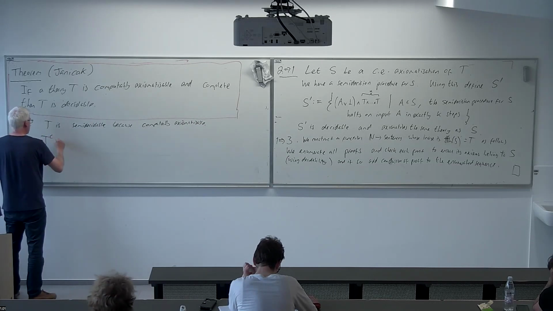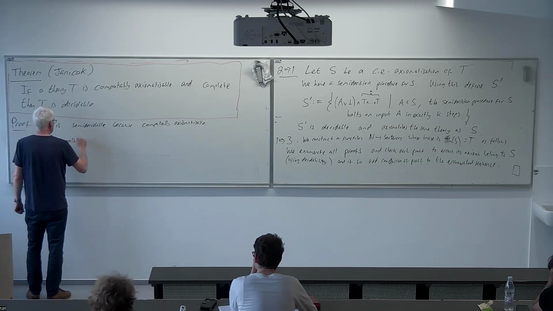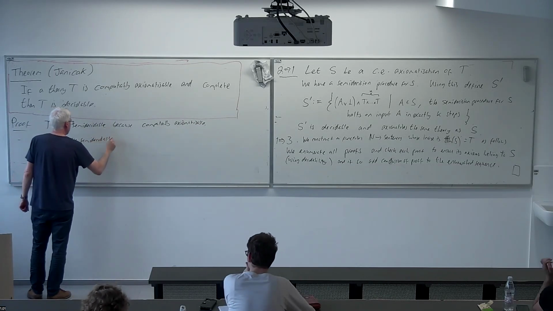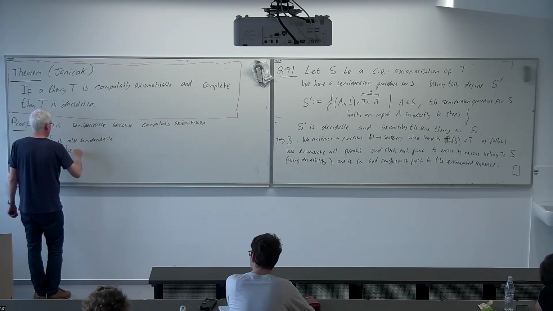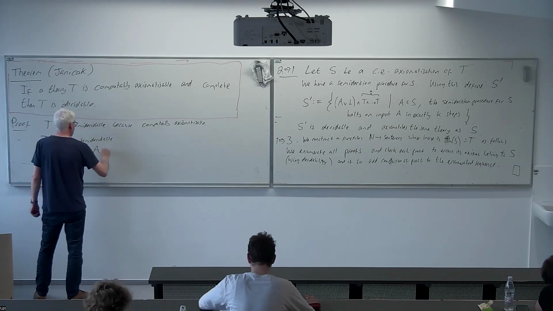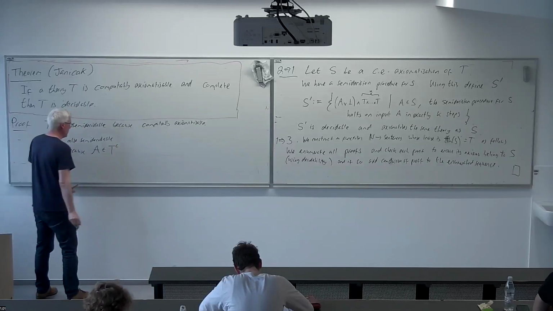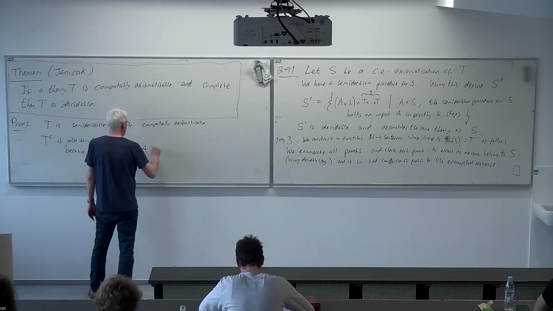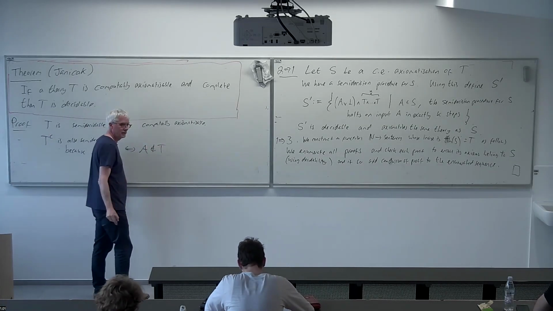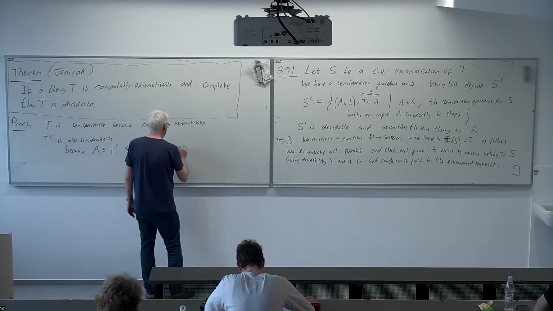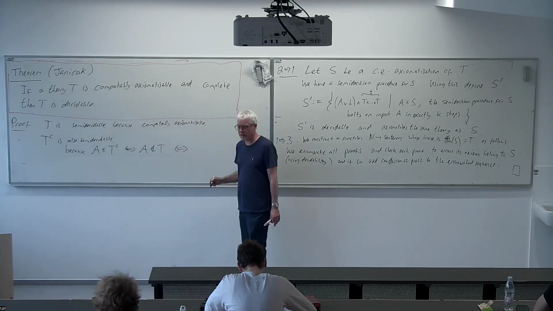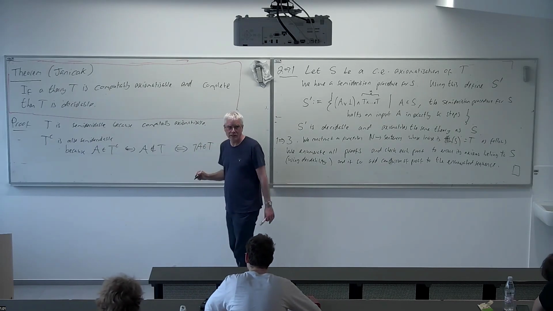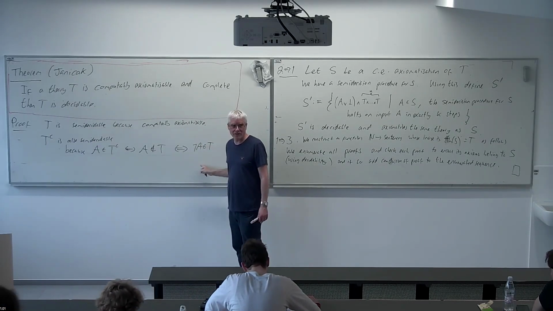The complement of T is also semi-decidable, because a sentence A belongs to the complement of T if and only if, obviously, A does not belong to T, if and only if, because T is complete, not A belongs to T, assuming T is consistent.